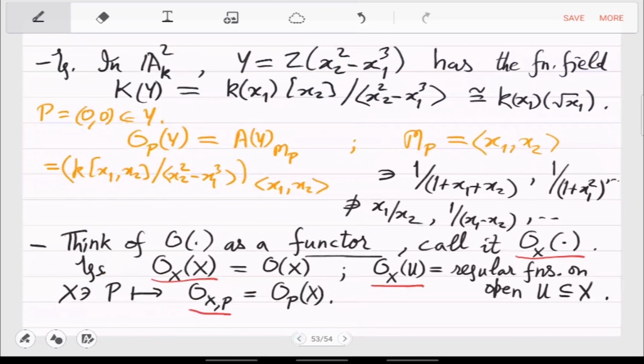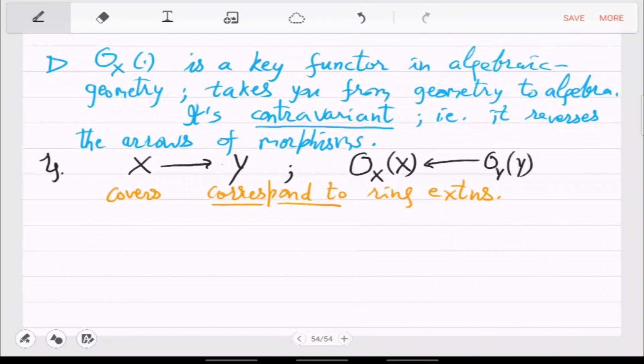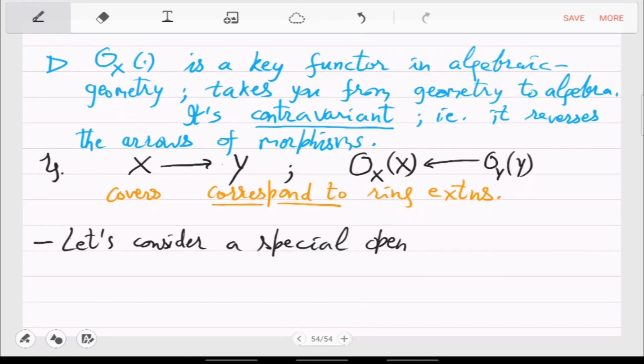So, if you defined O_X(U), okay, then let us look at an example of O_X(U) for an open set. Let us consider a special open set. So, this will be called a distinguished open set.